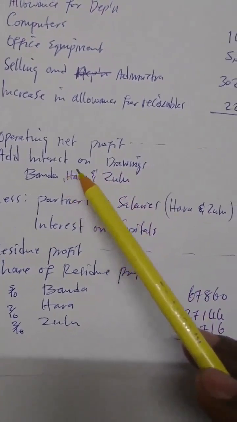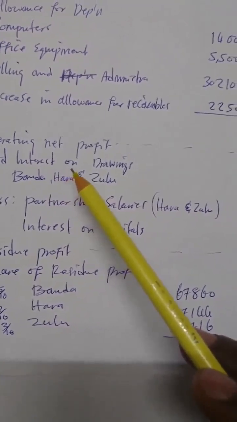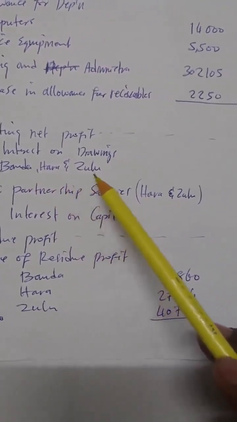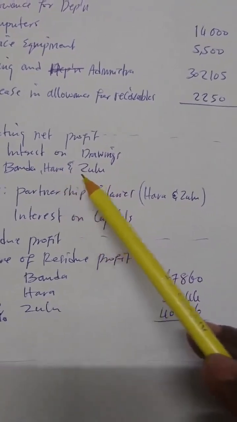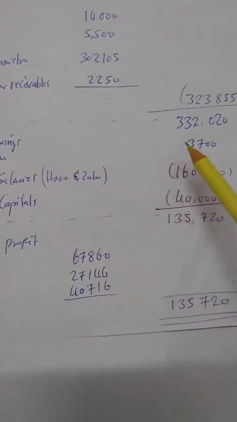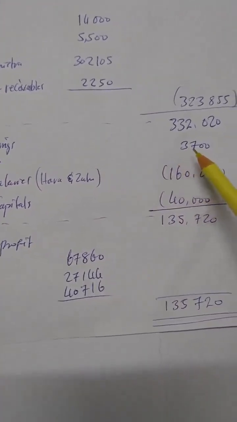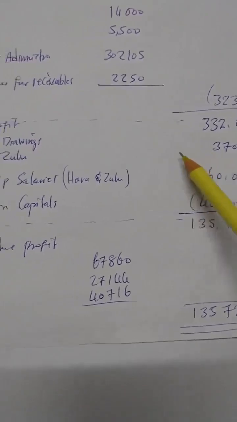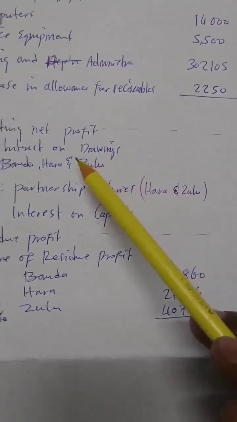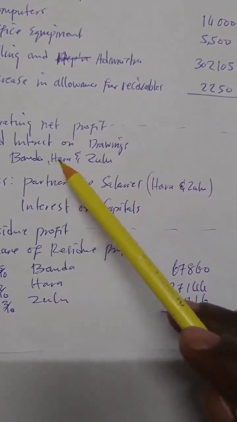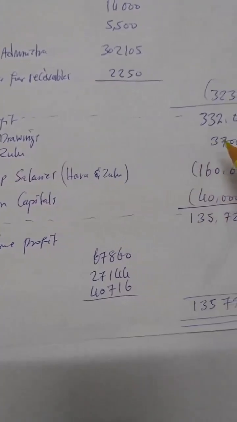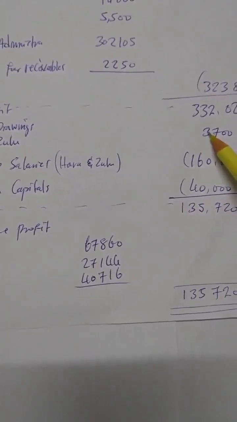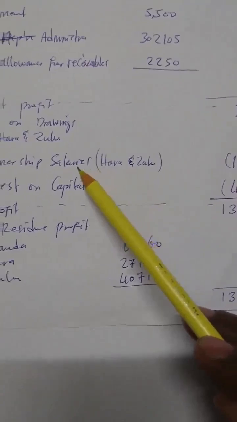The figures we had on the interest on drawings for Banda, Hara, and Zuru, the charges they were charged for withdrawing the money from the business, if you add them, came to 3,700. When you withdraw funds from the partnership, they will charge you for withdrawing. So this is the amount.